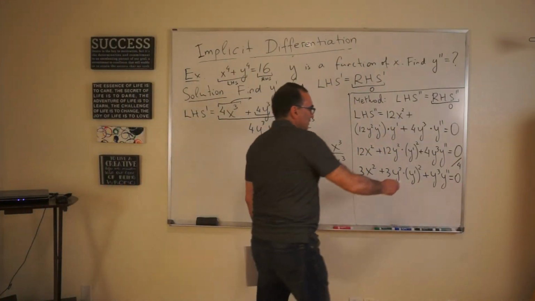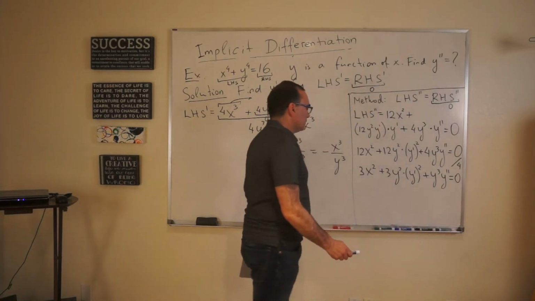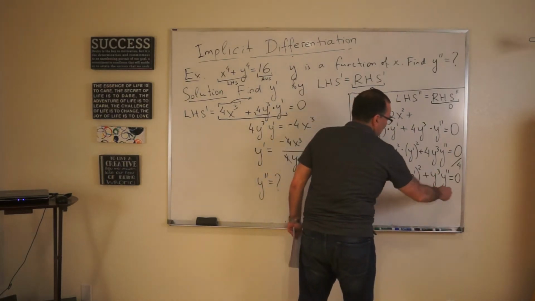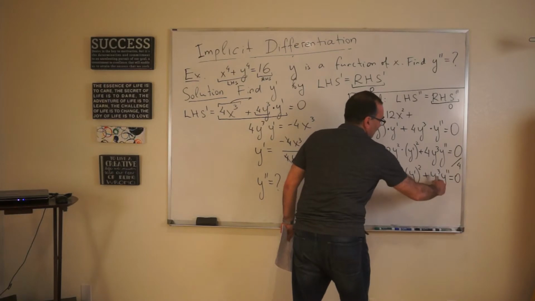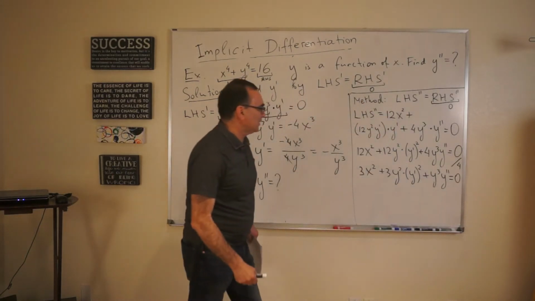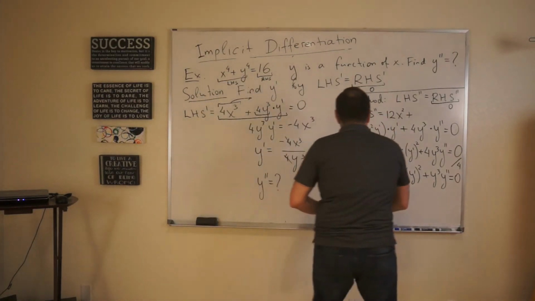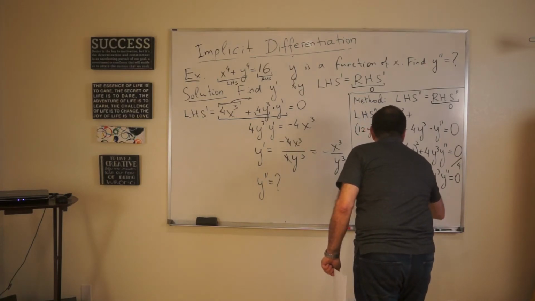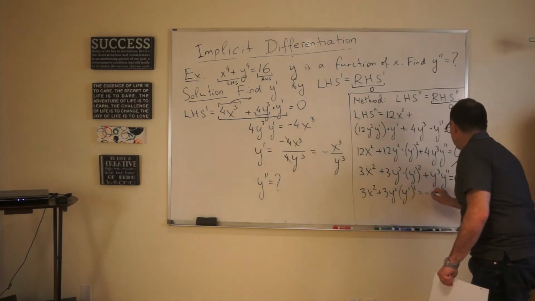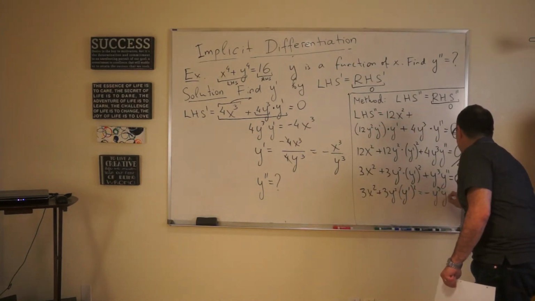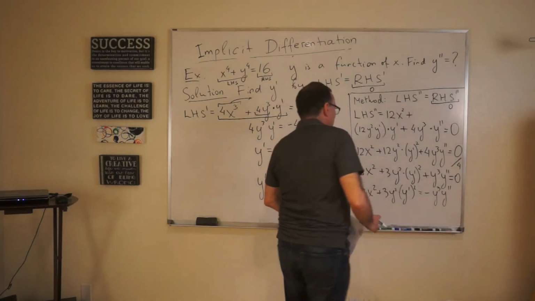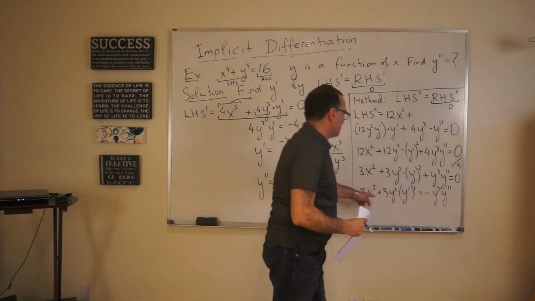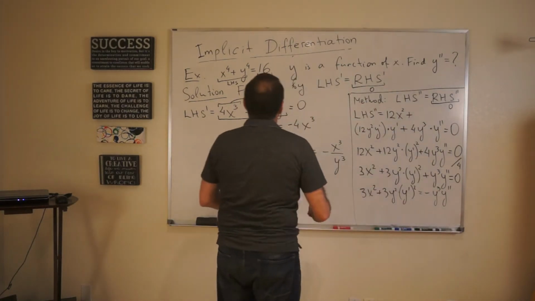So now we want to isolate y double prime. For that we can put this term into the right hand side of the equation, so it becomes negative. So 3x squared plus 3y squared times y prime squared equals negative y cubed y double prime. Now to isolate y double prime we need to divide by negative y cubed.